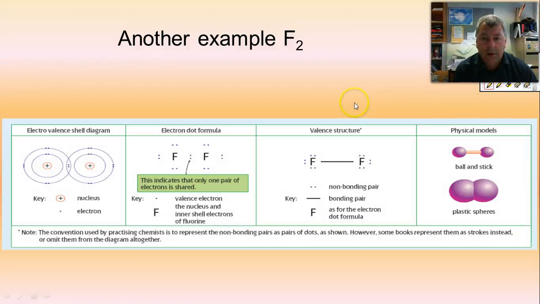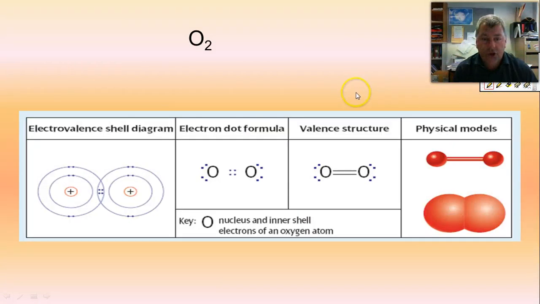Let's just move on. A couple more examples, I think. Oxygen. Same textbook, so they've got the same idea here. In this case they've drawn the pairs because oxygen needs to have two covalent bonds.